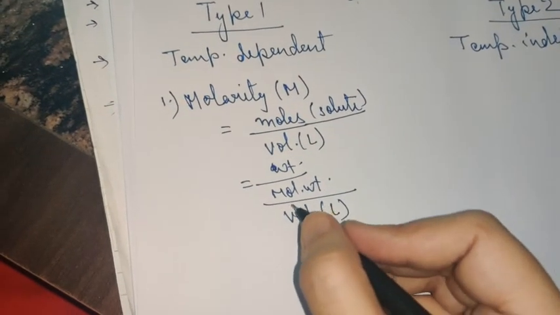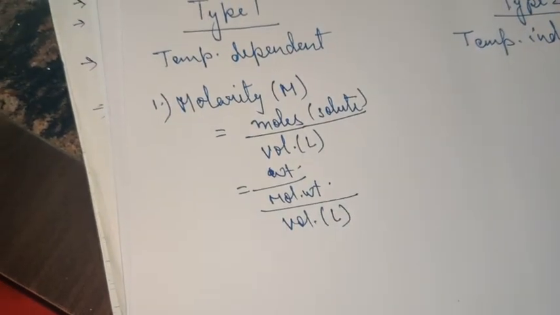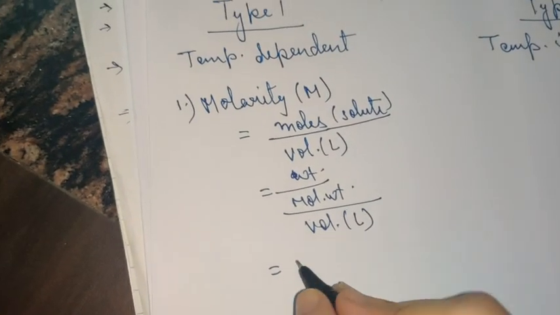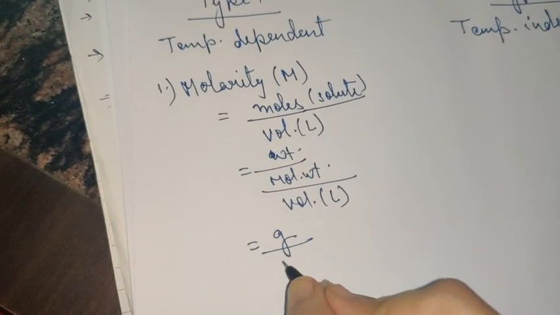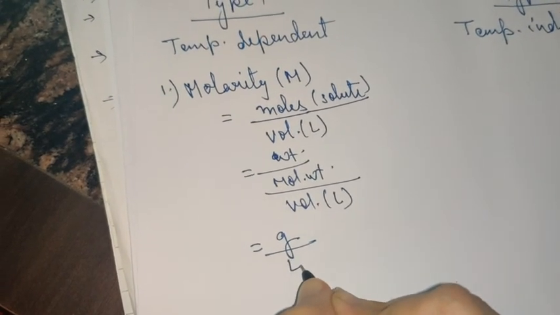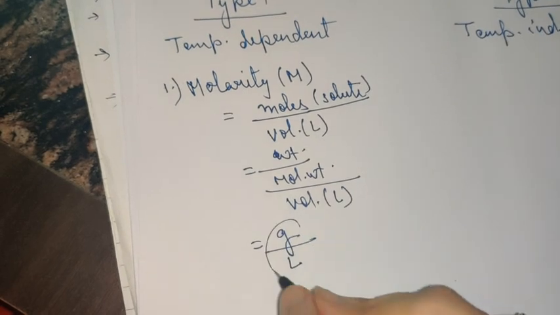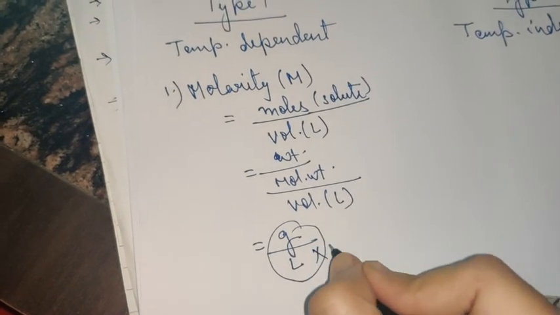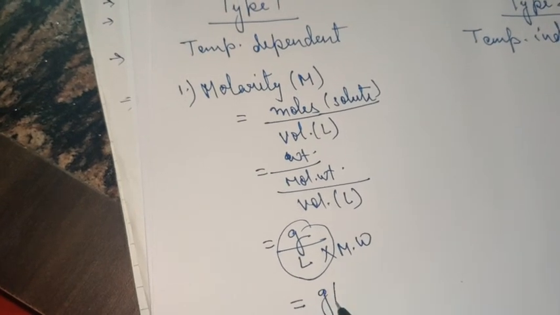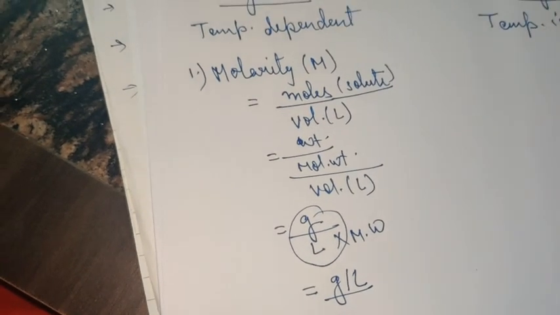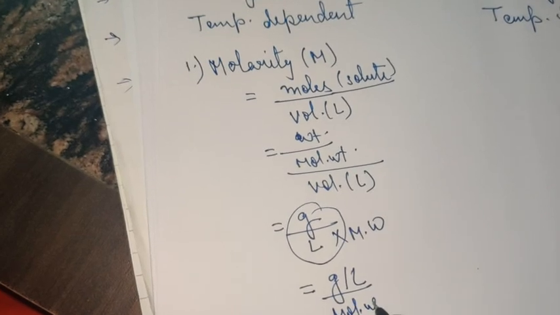So in a way you are again getting the same thing, that is weight in gram upon volume of solution in liter, and this upon molecular weight. So this can be written as gram per liter upon molecular weight.